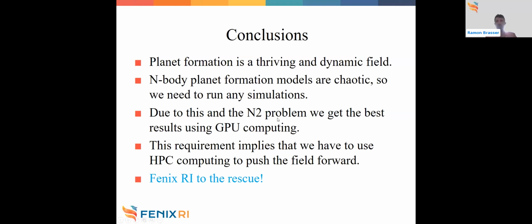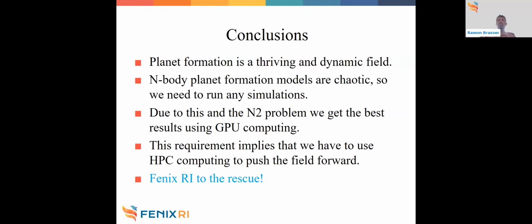The outcome of the simulations is always chaotic, so you need to run many simulations. Because of that problem, and also because of the n squared for the forces, we need to use GPU computing. And not only do we need GPU computing, we really need to have HPC resources available to us, because we need to use many GPUs at the same time.